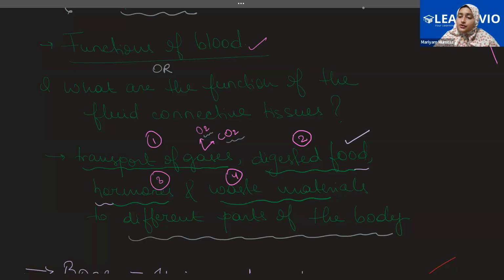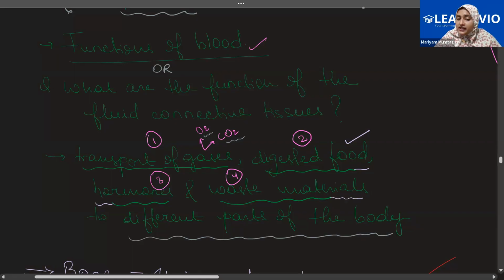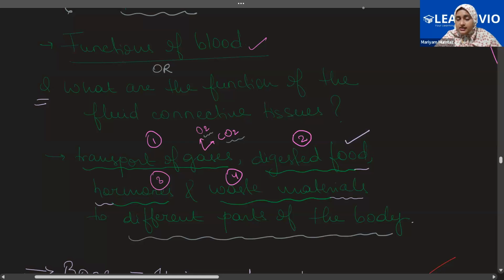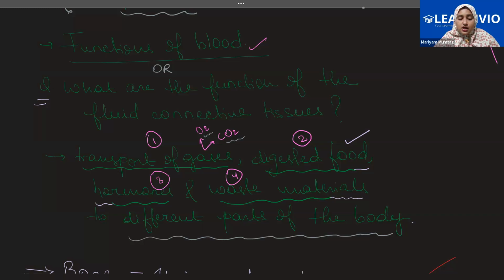So blood is also responsible for the transportation of hormones and waste materials to different parts of the body. And that is the most important thing that the blood does. The main priority thing that the blood does is transportation.